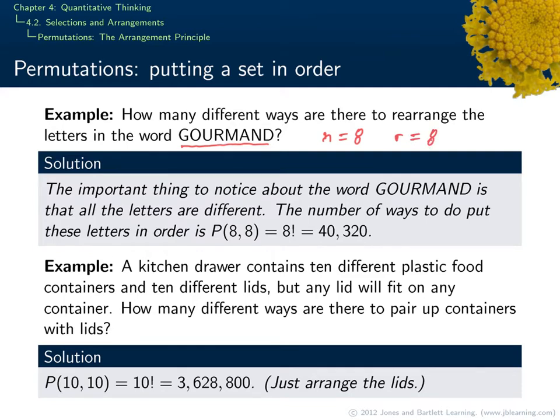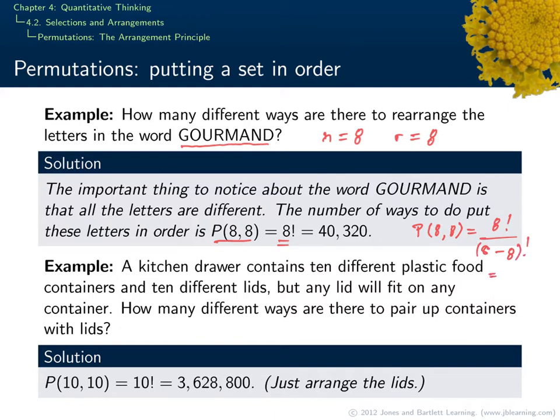And so what we form is P(8, 8). Now they say that this is 8 factorial. Let's see if we believe that. Remember that P(8, 8) is 8 factorial divided by 8 minus 8 factorial.